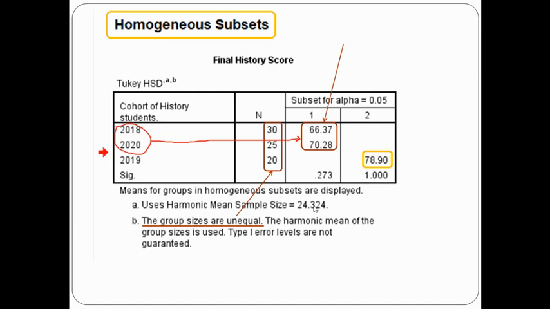A bonus tip here, ladies and gentlemen, if you compare this subsets table with the multiple comparison table above, the results are exactly the same. It is fortunate that they are not different. What if they are different? Well, we are going to use the adjusted results in the homogeneous subset table.